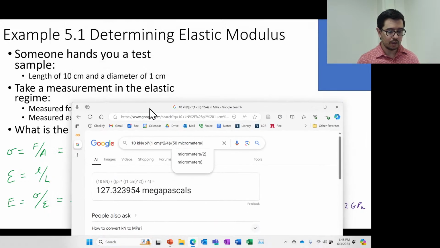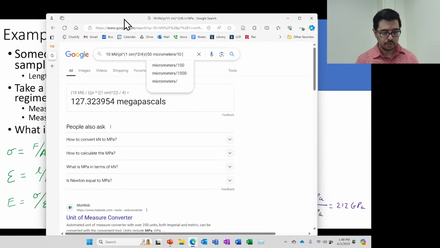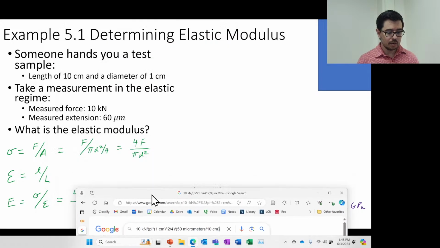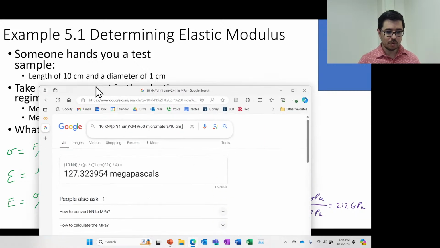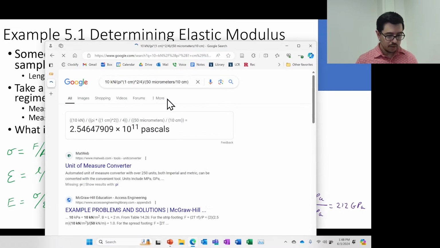I can't even remember. 10 centimeters, right? Because we said that the elastic modulus is going to be sigma over epsilon, right? So we need the stress over the strain. And so this comes out to be 10 to the 11th pascals, which is pretty high.